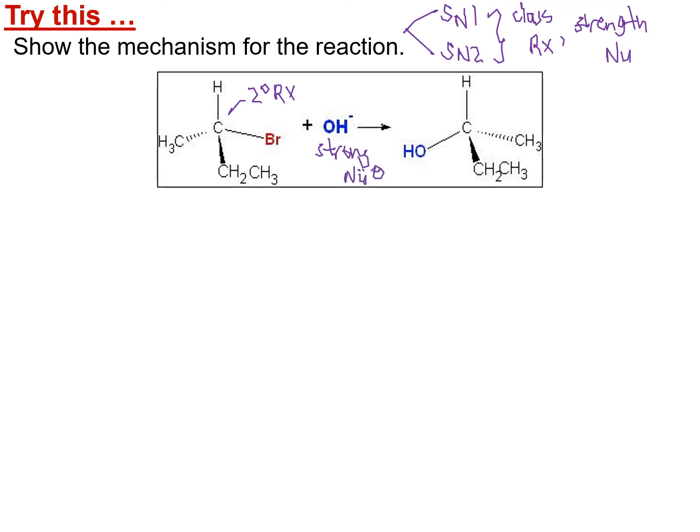Okay, it's a strong nucleophile. So, kalau secondary haloalkane, dia akan depends pada strength of nucleophile. Kalau dia buat dengan strong nucleophile, that means dia akan undergo SN2 reaction. SN2 mechanism.